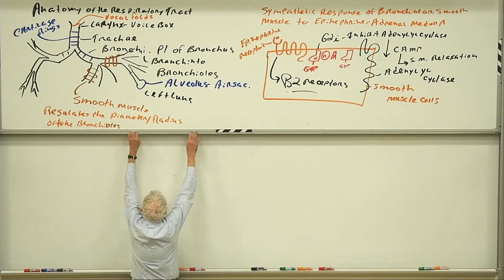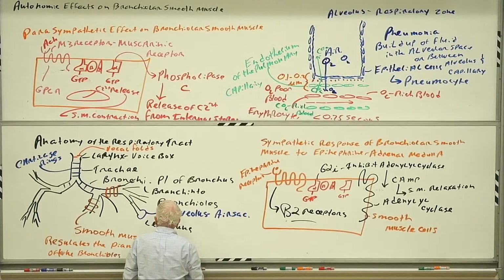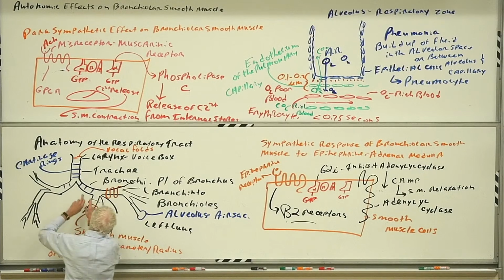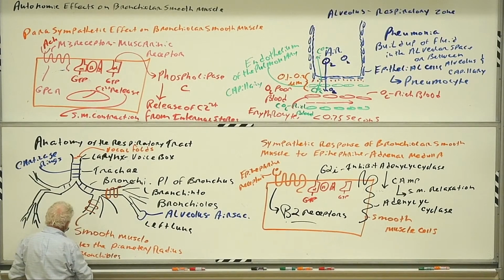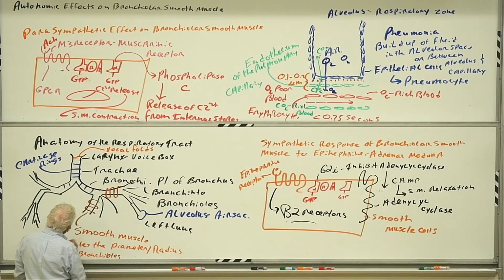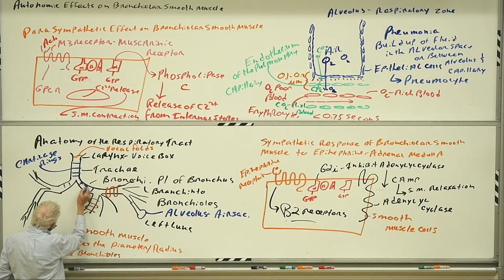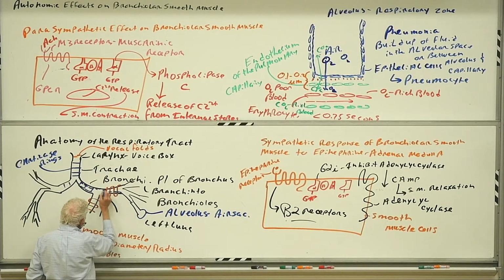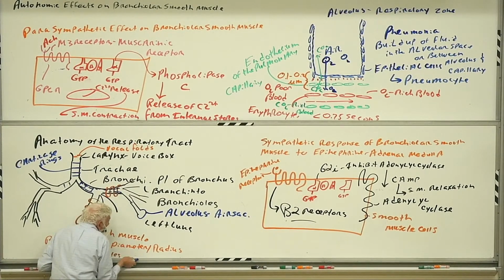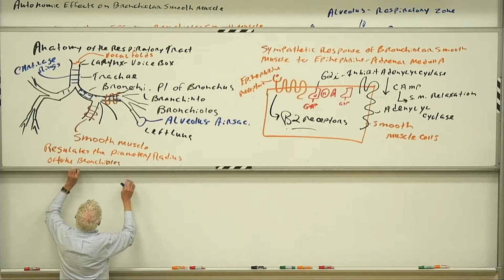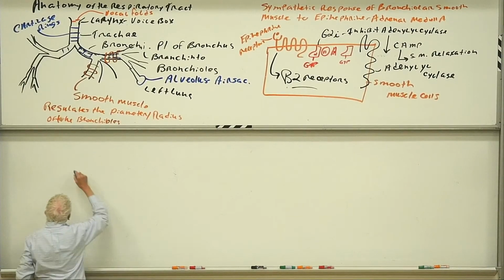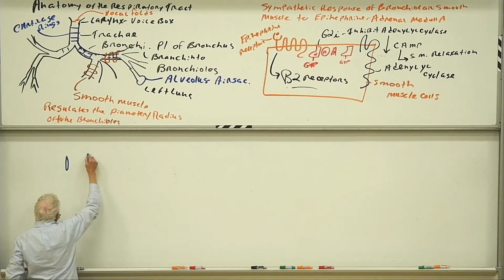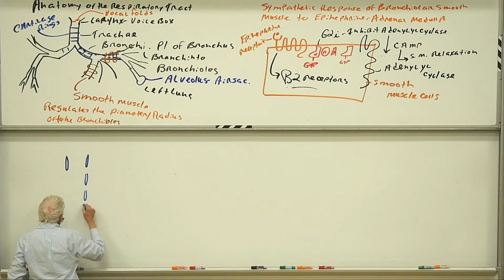Let me finish this story by going back up here. I'm going to remind you that there's a continuous layer of endothelial cells all along the system, down into the tiny bronchioles. And I'm going to come back here and describe the epithelium.